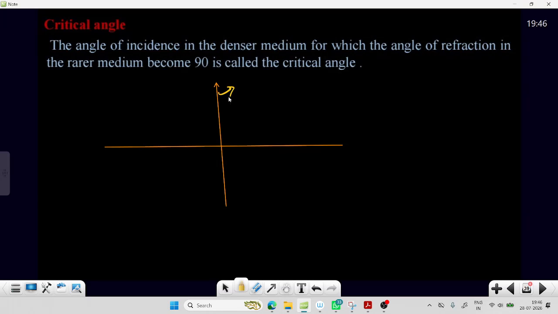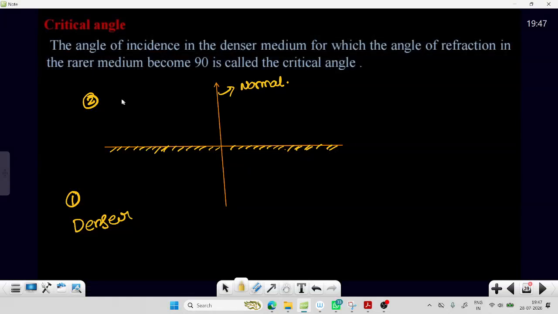This is called the normal, and here this is a boundary for the two mediums. Now you can see here, let us say this is medium one and this is the second medium. I'm calling this medium a denser medium, and this we're calling a rarer medium.